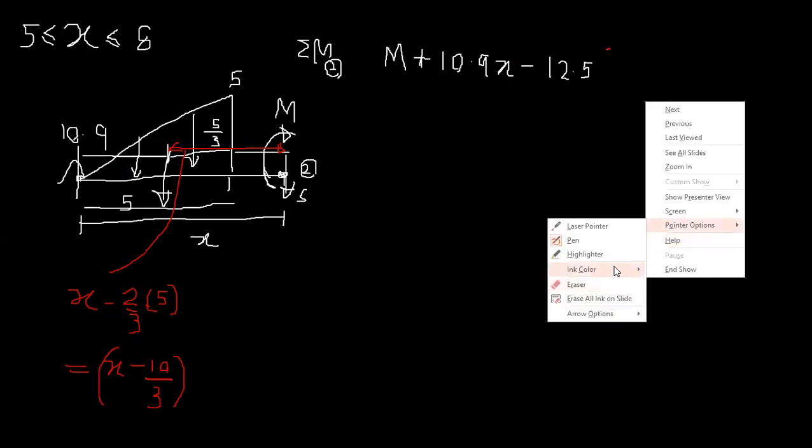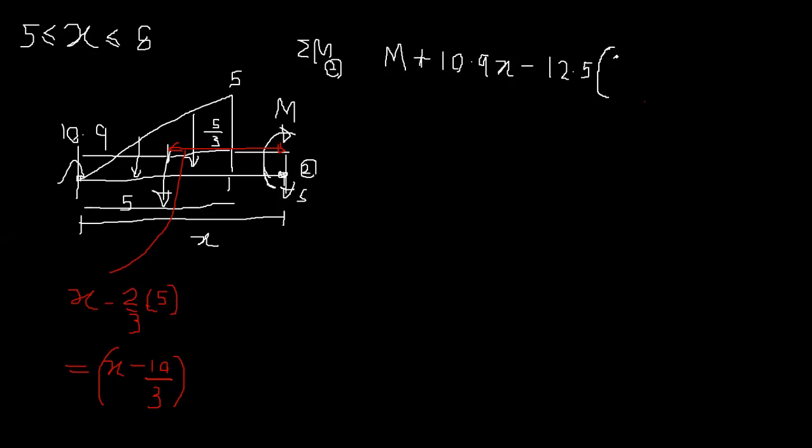So yeah, I can write 10 over 3, right? So I took the moment. This is not coming, right? This is okay. This is okay. So I can simplify this.